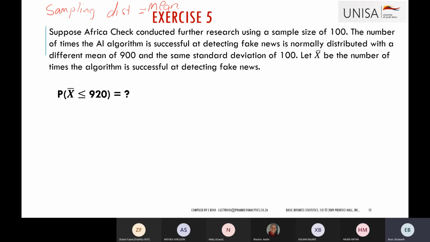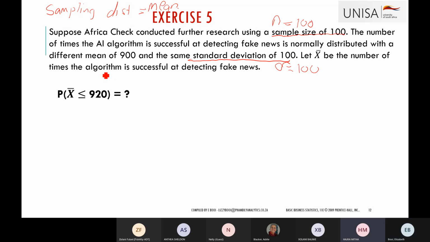The facts that are given to you, what are you given? Okay, we are given the standard deviation, which is 100. You're given the standard deviation, so you will go and say, this is your sigma equals 100. Your sample size is also 100. N is 100.